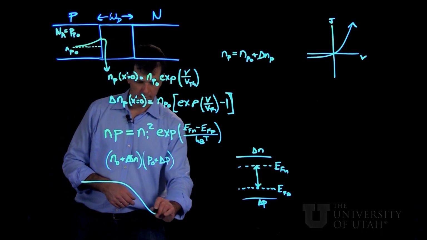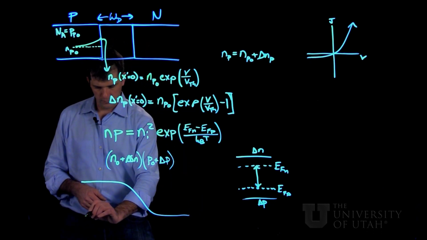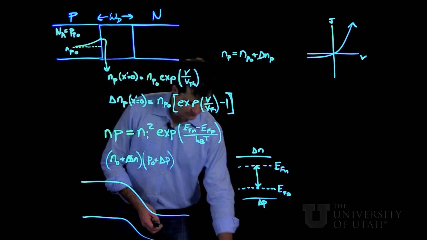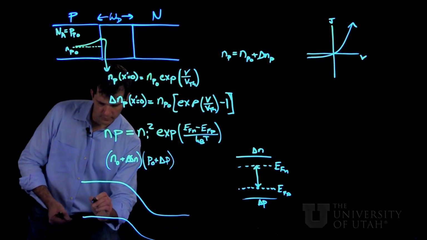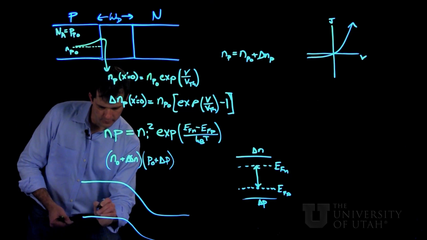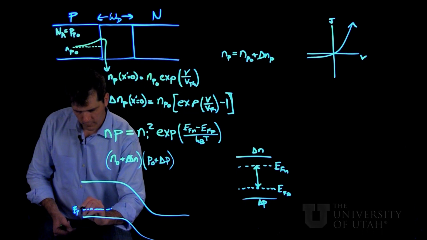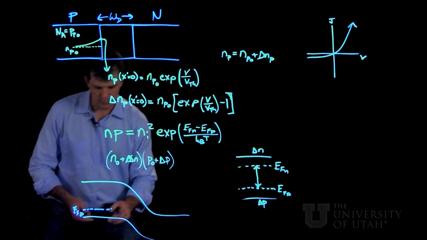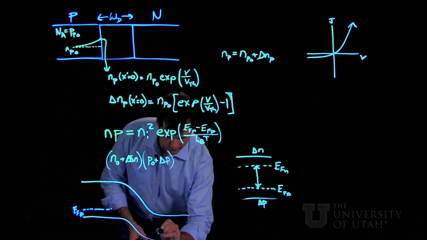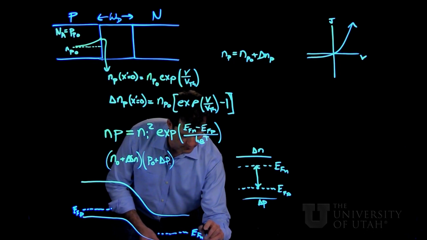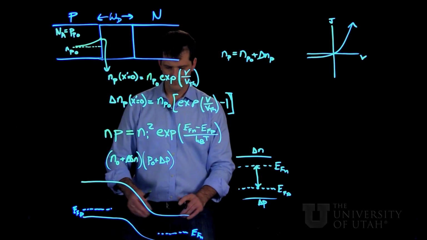So under bias, it turns out what we're doing is splitting these quasi-Fermi levels. So if we look far away from the junction on the p-type side, we have EFp here, and we have EFn here on the n-type side, far away from the junction.